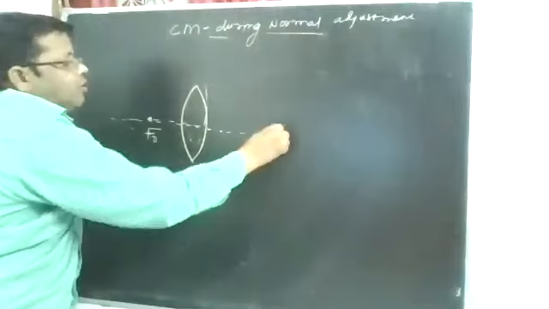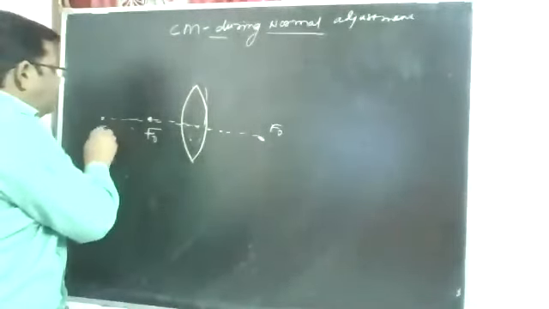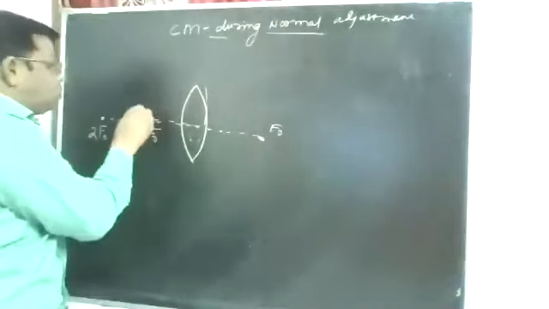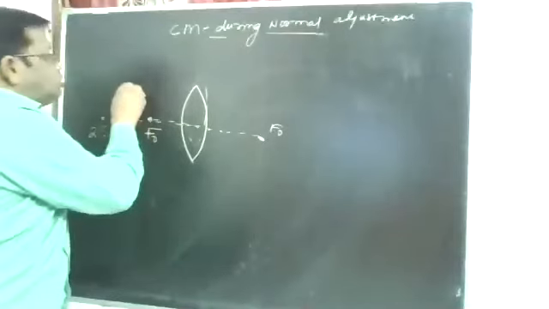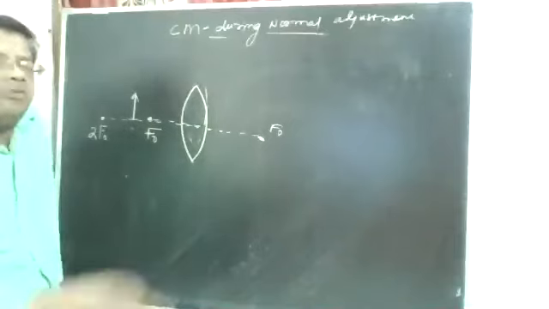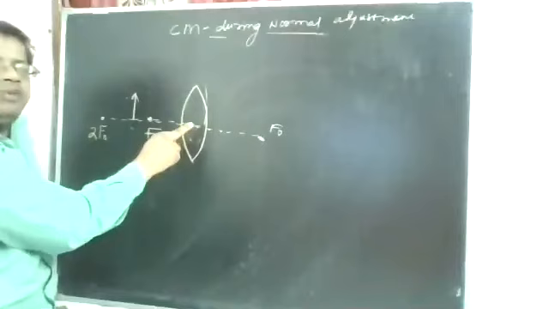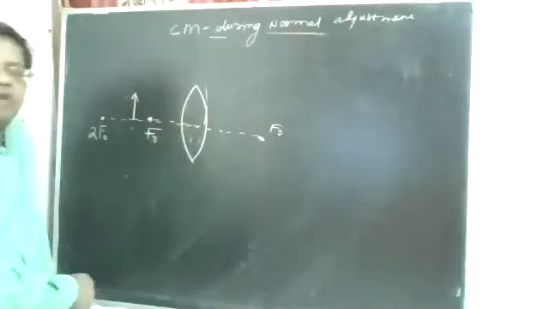Now you see here. First, we have to keep the object in between F and 2F, closer to F. The closer we make it to F, the more will be the magnification. We have to keep this object between 2F and F of the objective lens.